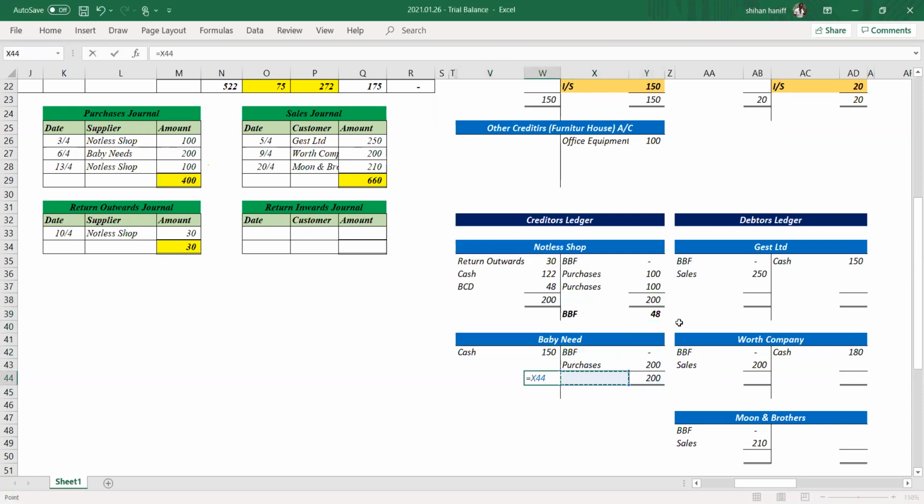Baby Needs purchase 200 and cash paid 150, therefore closing balance is 50. Debtors. Guest Limited balance is 100.